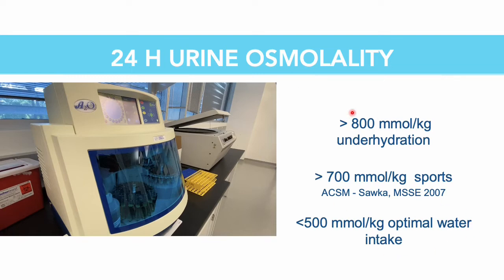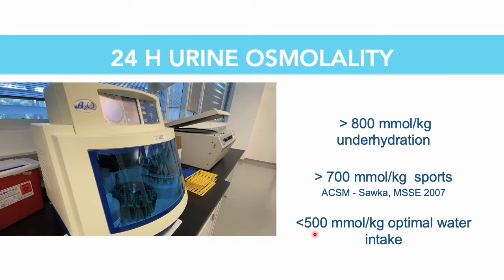There are multiple different values that have been used in the literature. 800 is widely used as a level of underhydration. 700 was introduced by the American College of Sports Medicine many years ago, indicating that when your urine is more concentrated, at 700 milliosmoles, it shows that you're not in an optimal hydration state.